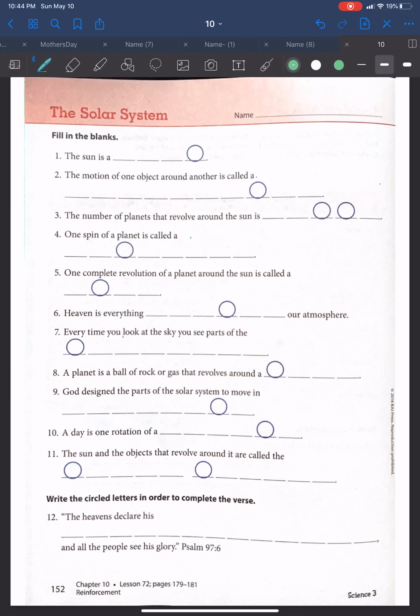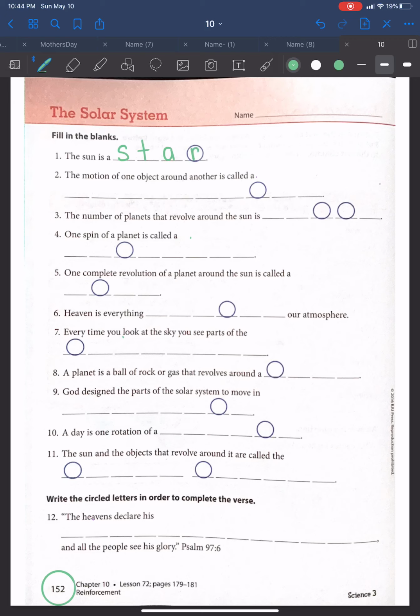All right, let's take a look at page 152 in your workbook. We're going to work through it together, so go ahead and grab your workbook and push play when you are ready. Number 1, the sun is this. What is the sun? Excellent. The sun is a star.